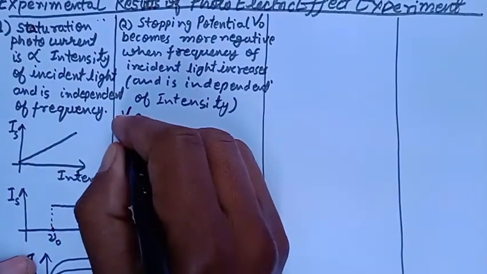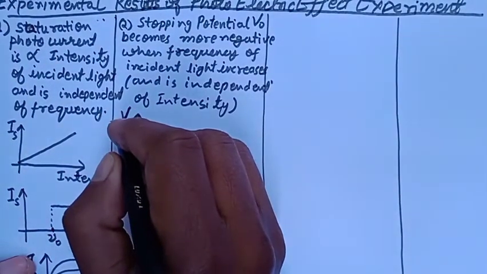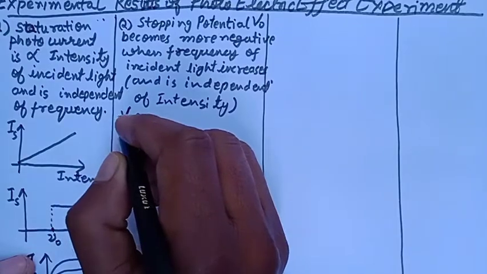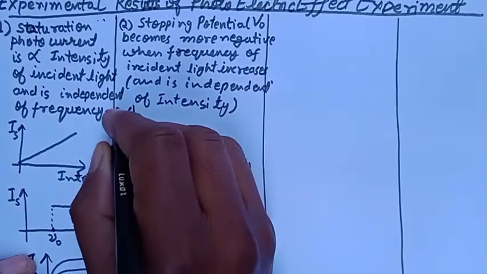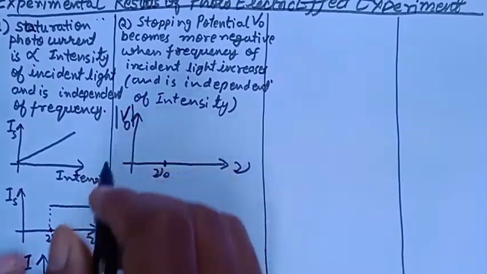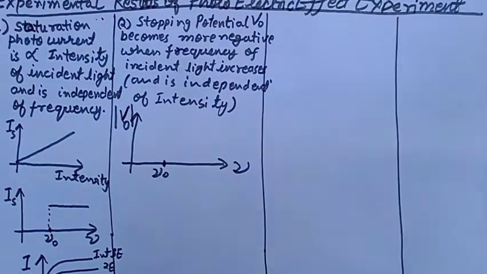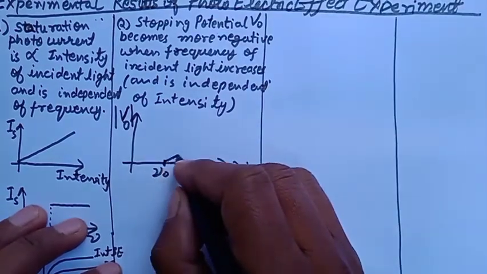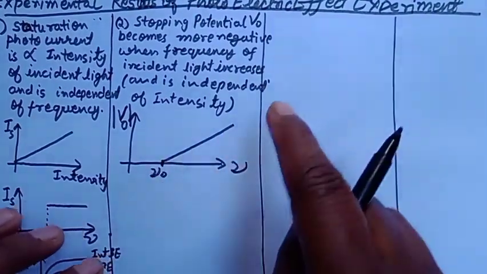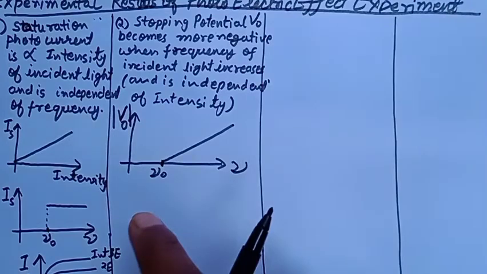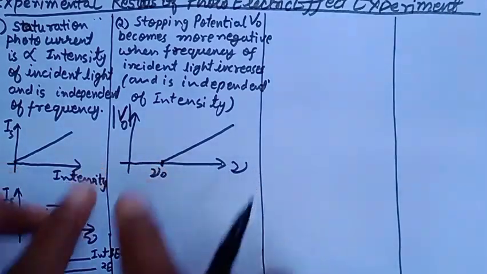Stopping potential is just a number, so it is negative. I'm putting a mod here, actually it is not required, so that you would not be confused about why I didn't use the negative axis. So it is a direct proportion graph, but after a gap.